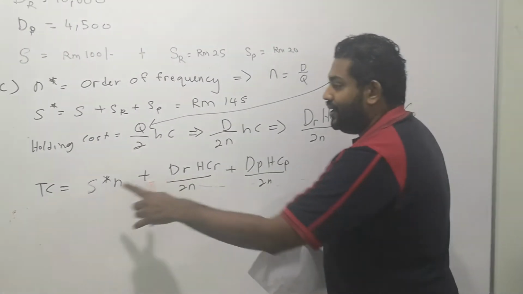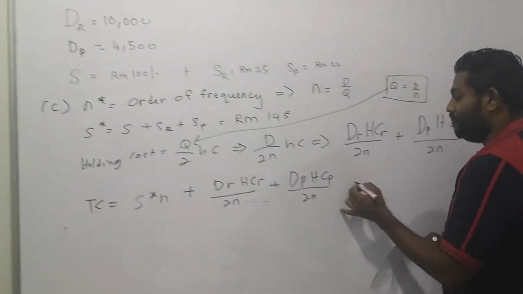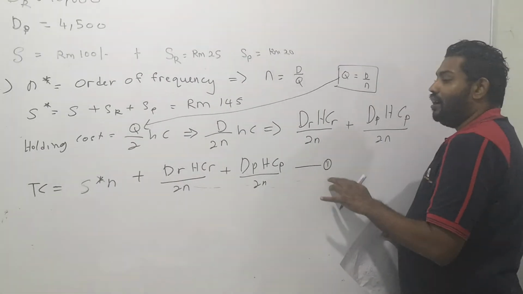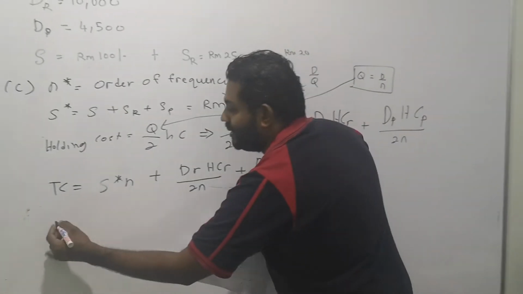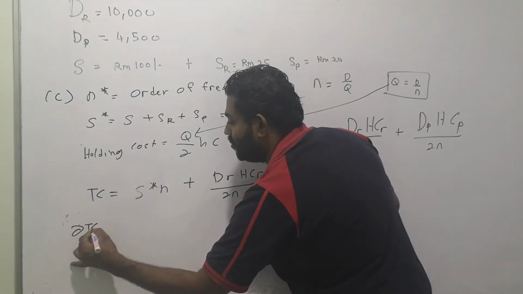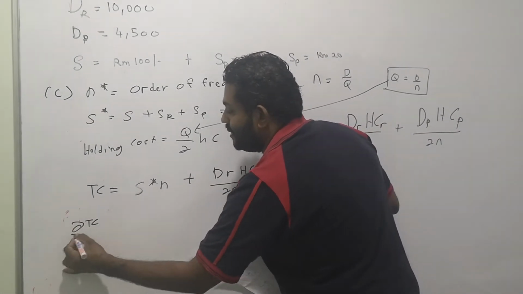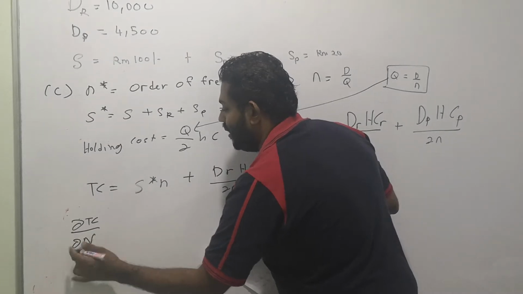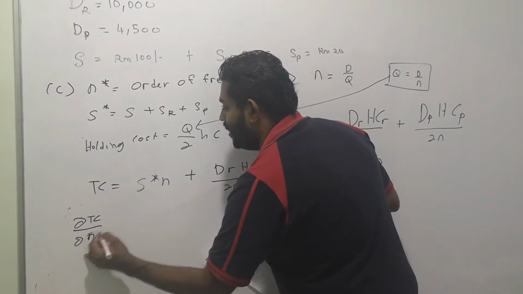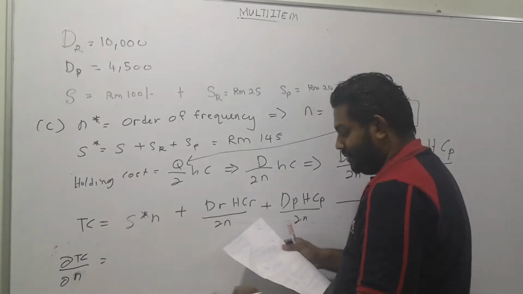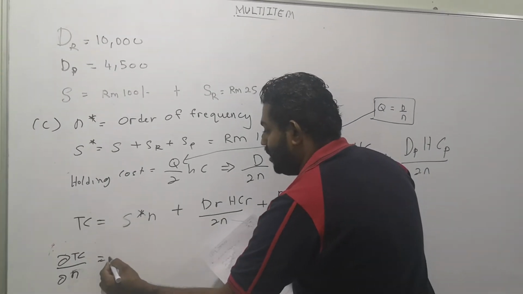So this is our new formula of total cost, which we can differentiate, the first derivative dTC over dN, with small n, and make it equal to 0.